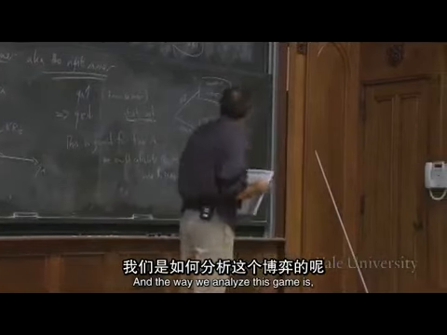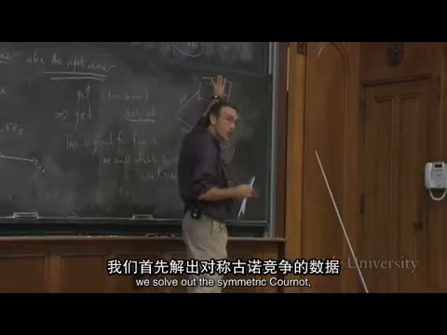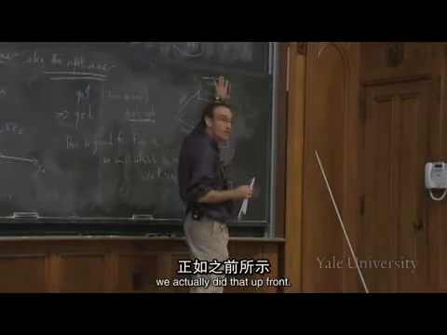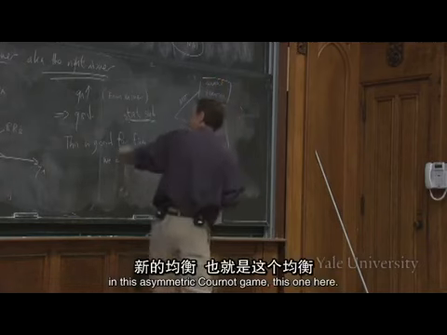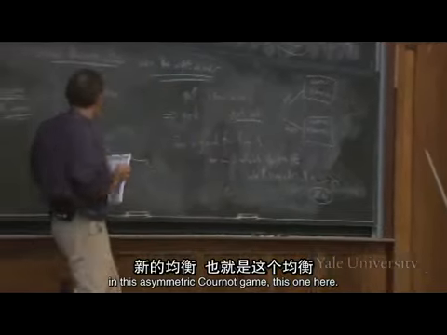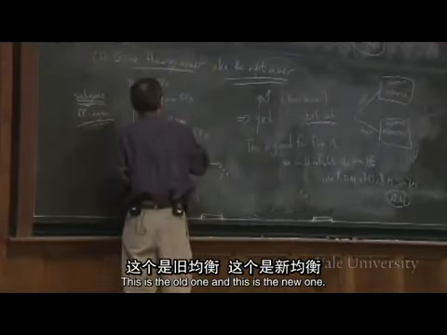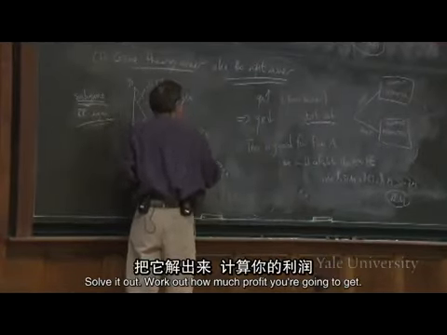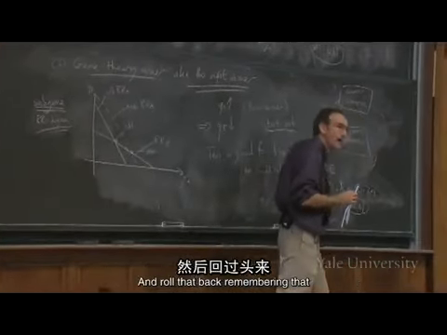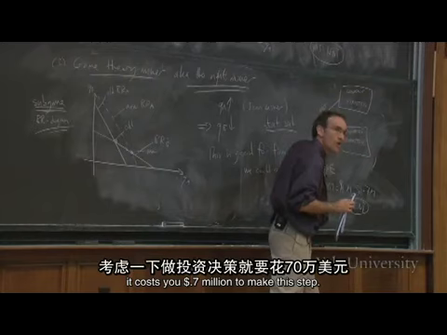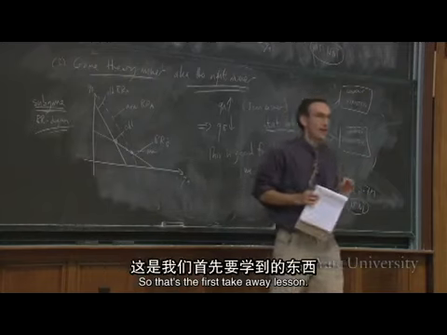And the way we analyze this game is we solve out the symmetric Cournot. We actually did that up front. We now solve out the new equilibrium in this asymmetric Cournot game, this one here. Right, this is the old one, and this is the new one. Solve it out, work out how much profit you're going to get, and roll that back, remembering that it costs you 0.7 million to make this step. So that's the first takeaway lesson.